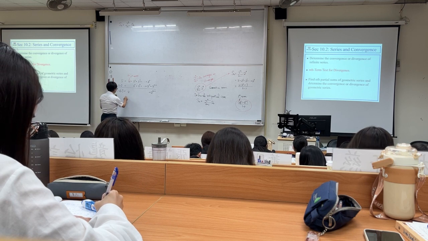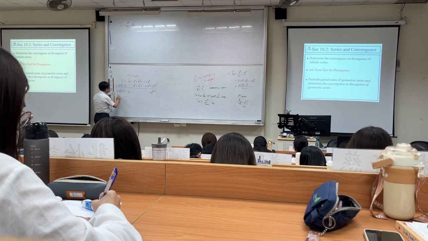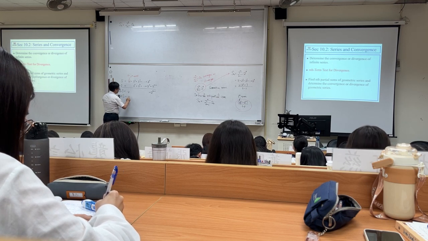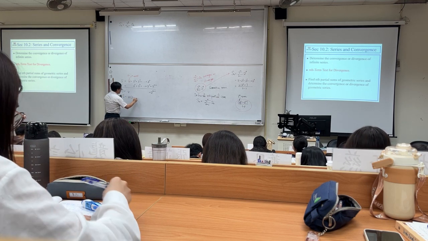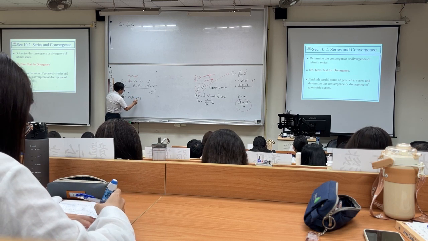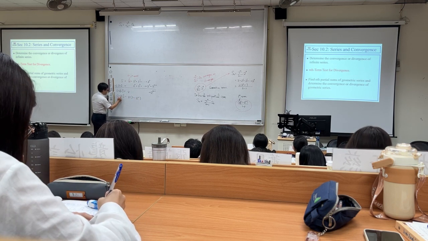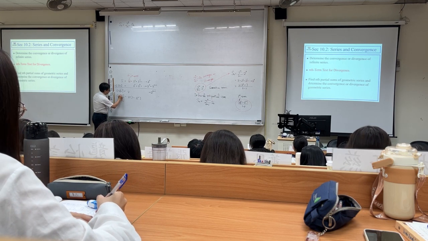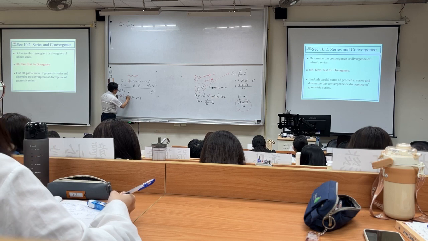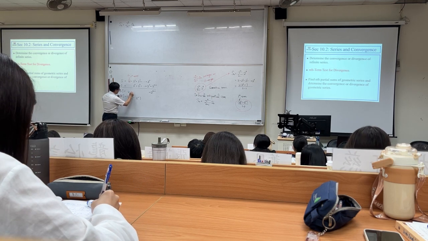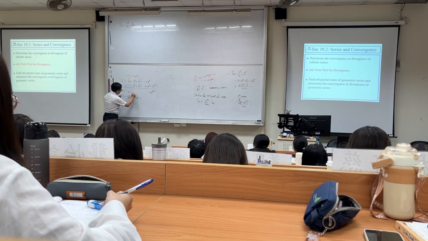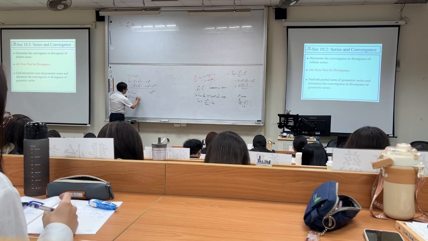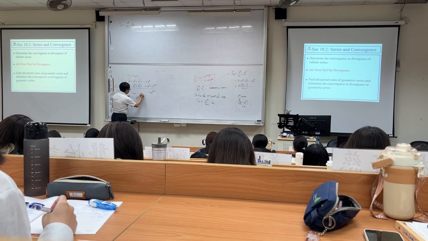So 1 minus 2 multiplied by s equals 2 times 1 minus 2 to the n. And that's what? 2 is the ratio, and that's the first term. n is because there are n terms.